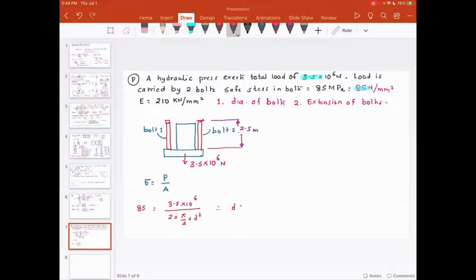And when you solve for d, you would realize the answer is 162 millimeter. Now, next step is we have to find out the extension delta. Delta is given by equation PL divided by AE.